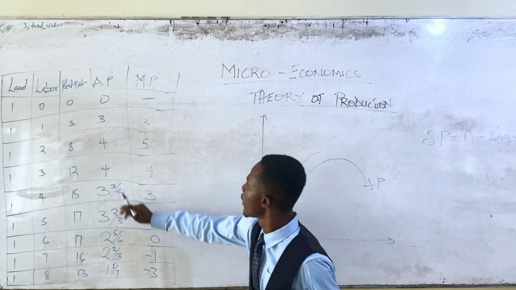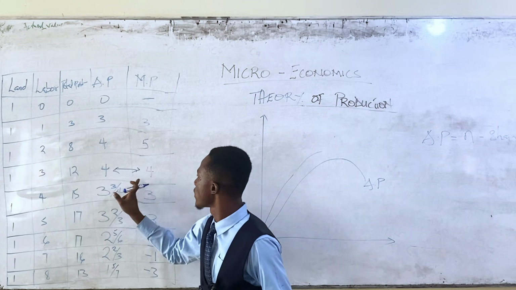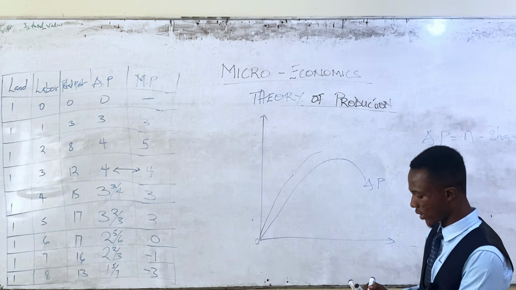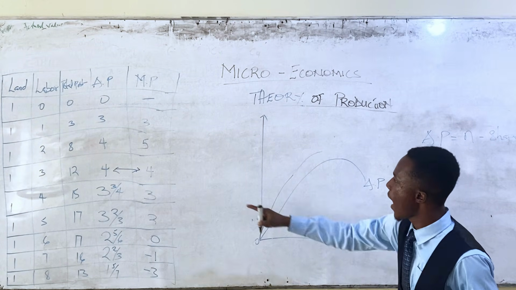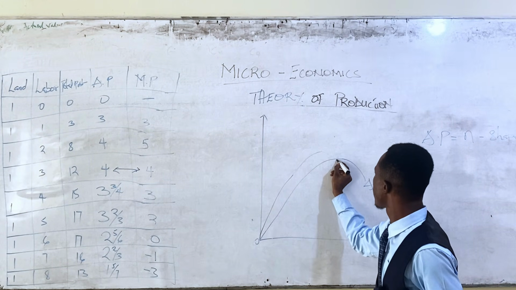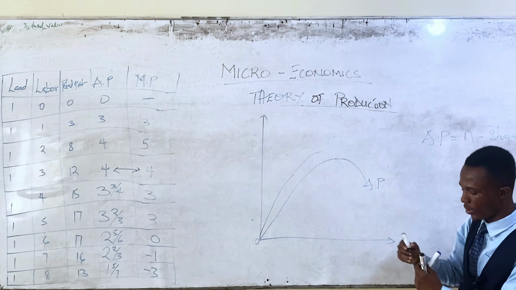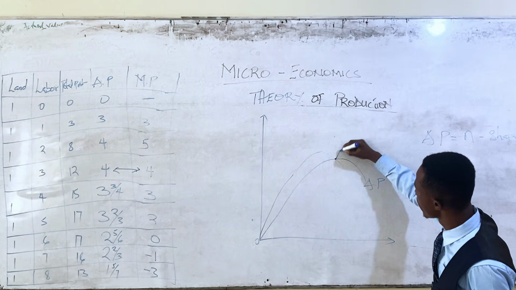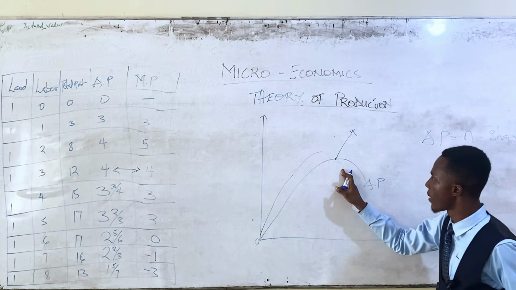So you see that they will all rise and get to a point where the average product is equal to the marginal product. This is the average product, this is the marginal product. They rise, they attain the maximum, and they fall. You see that this point is where it is equal to 4, where they are meeting. The 4 that we see here is where the two of them are meeting.